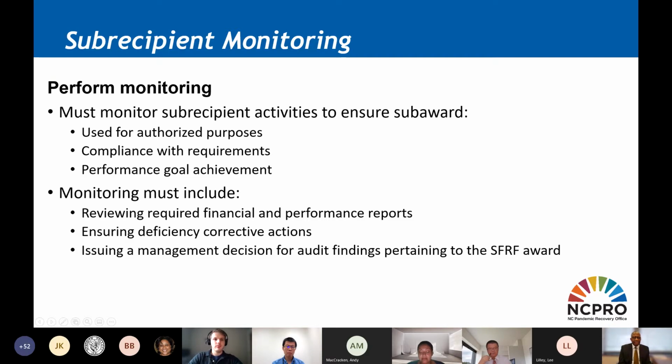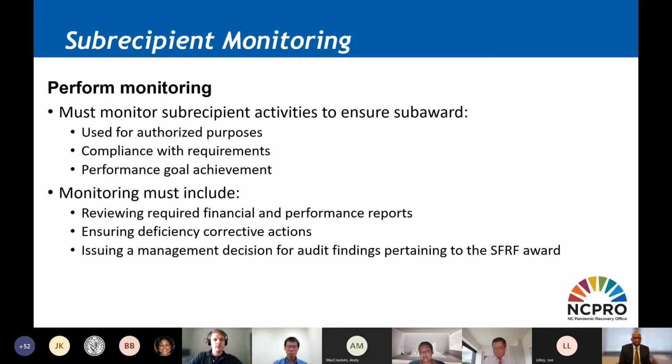And in performing this monitoring, let me just mention a few must-do activities. We must monitor subrecipient activities to make sure that the funds are used only for authorized purposes, that there is compliance with requirements, and there's performance goal achievement.